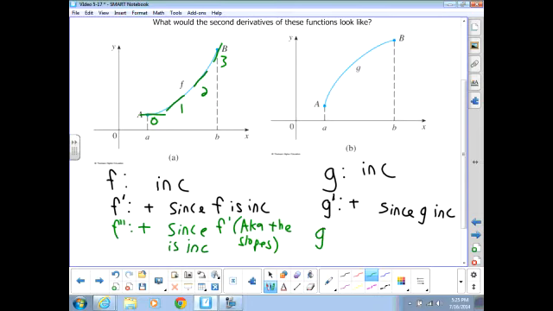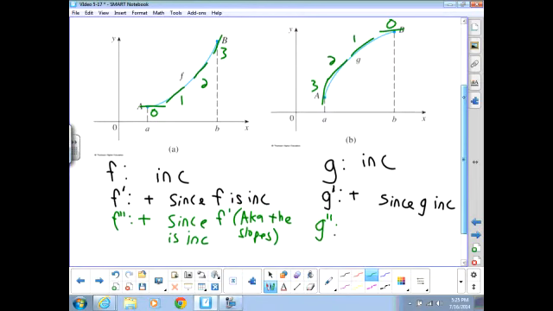Now when we look at g double prime and do the same thing, well, maybe that's like a slope of 3. That's roughly a slope of 2. That's a slope of 1, and here we're getting close to a slope of 0. So our slopes, while they are all positive, they are now decreasing. So the slopes are changing and getting smaller.